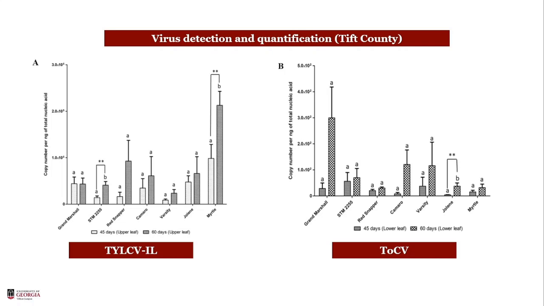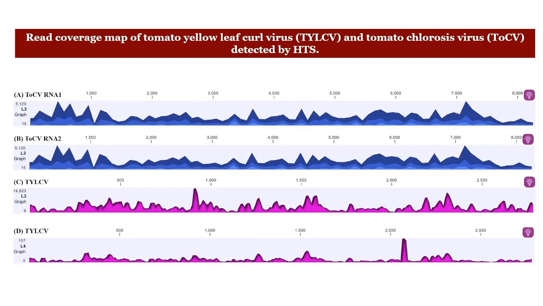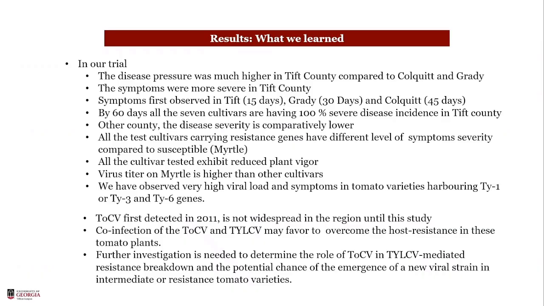So virus is present in both combinations and in all 3 counties. Further, for ToCV, the first report was in 2011, so we wanted to see if there is any difference. We generated the complete sequence, and we do not see any difference between the US and other parts of the world.